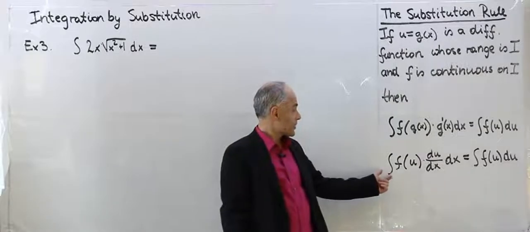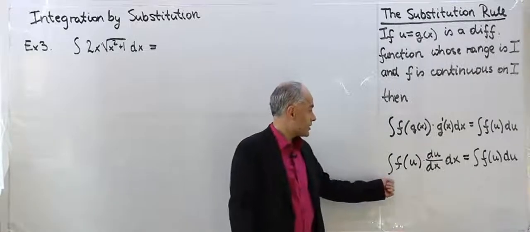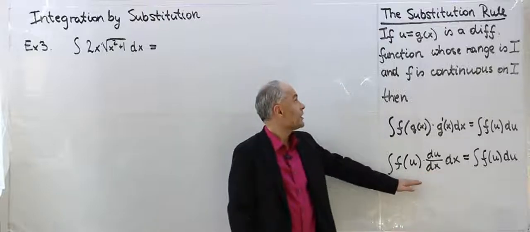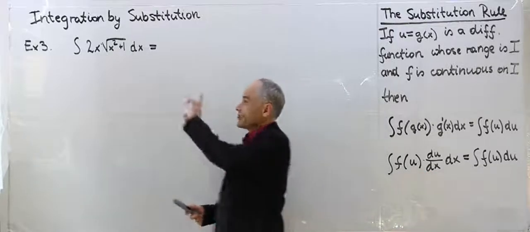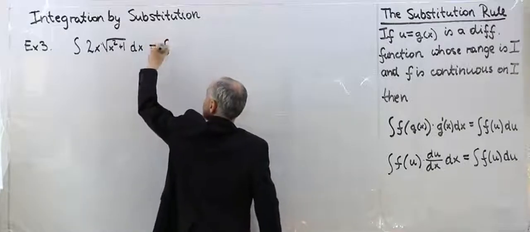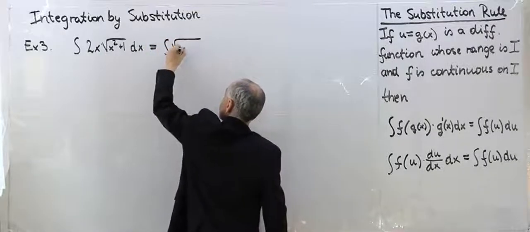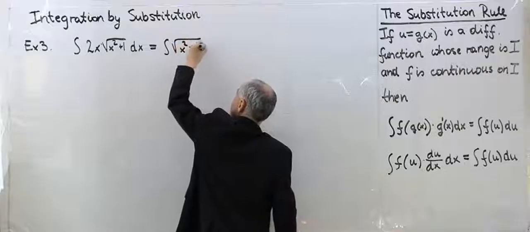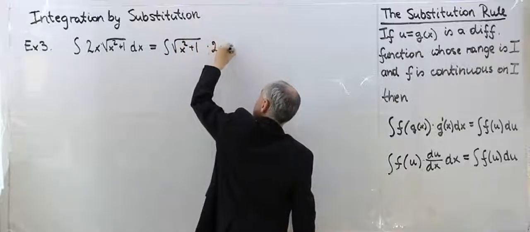So in order to rewrite our integral in the form stated in the substitution rule, let me change the order of the factors here. So it's the integral of root of x squared plus 1 times 2x dx.